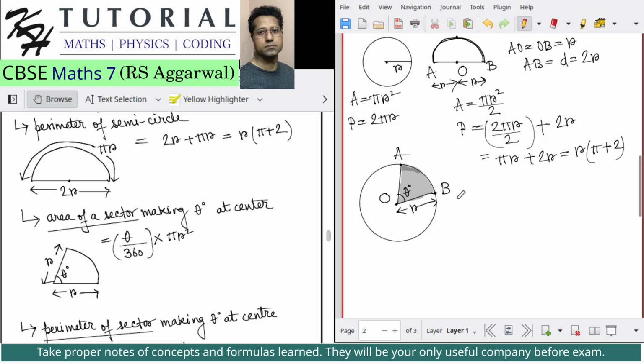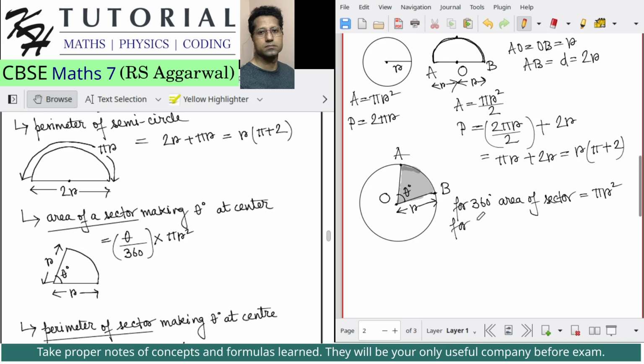So we know that for 360 degree, the sector would be the entire circle. Area of sector is equal to pi r square.